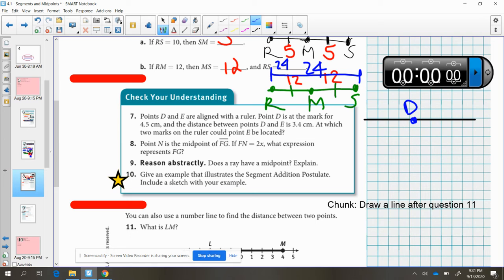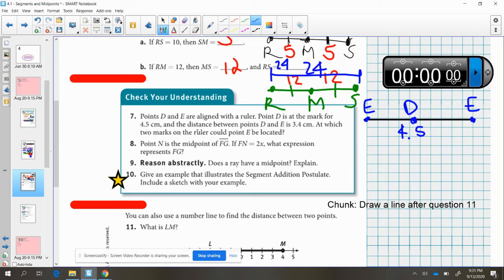At what 2 marks could point E be located? Officially point E could be located here, or over here. They're not specifically telling us where it's at. We just know that point D is at 4.5.